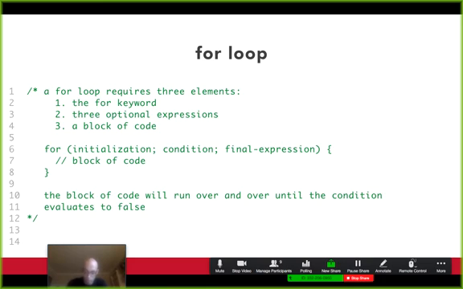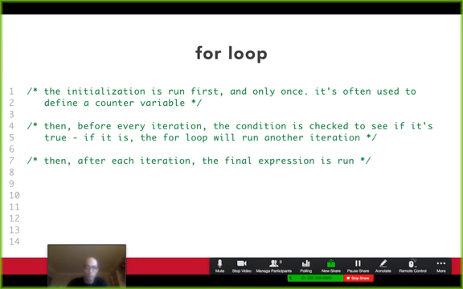It will say, hey, every time after this loop runs, how do you want me to change the tracker, or how do you want me to change the variable that we created in the initialization step? And the goal here is to say that every time we change that variable, eventually it will get closer and closer and end up in a stage in which it will make the condition return false. So that was a lot of words. Let's see how it works in practice.